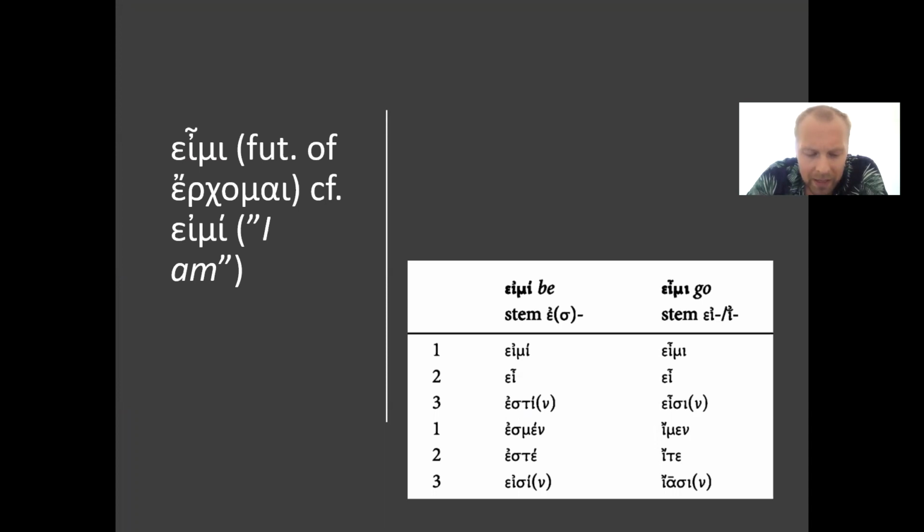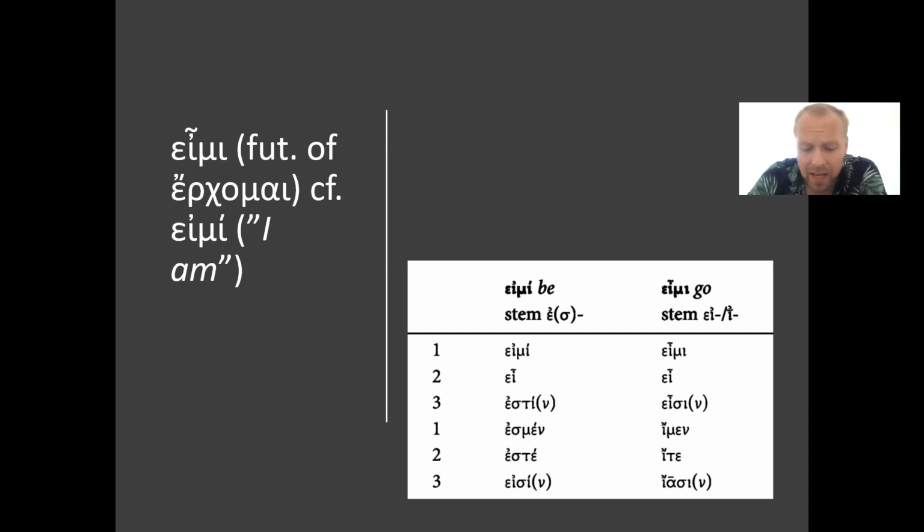If we begin with eimi, we may note first that this verb is formally very similar to eimi in the meaning of to be in the first person singular. But the accentuation here is different, with the circumflex on the first syllable instead of an acute accent.